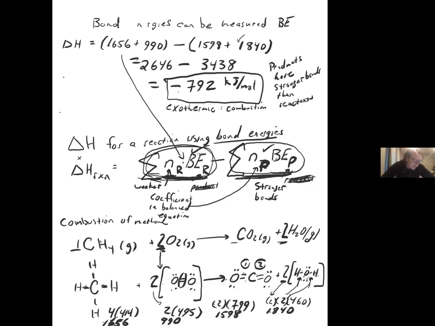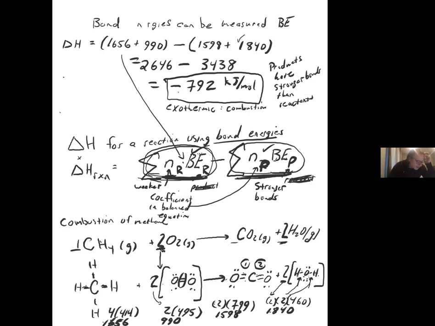And so by having this table of bond enthalpies or bond energies, we can now make predictions about exothermic and endothermic reactions without actually having to do the heat reactions, you know, to measure the temperature change of water like we had to do back in chapter 5. Now we can just use these values and get our answer there, okay?